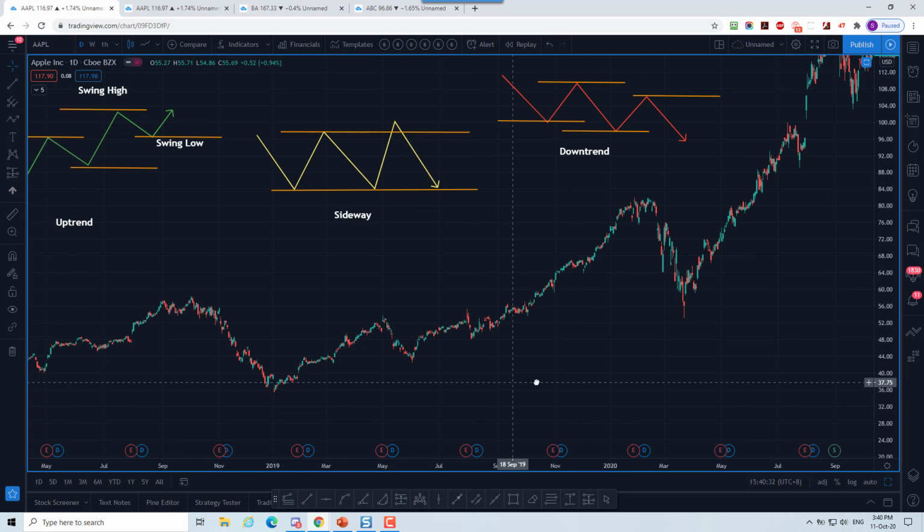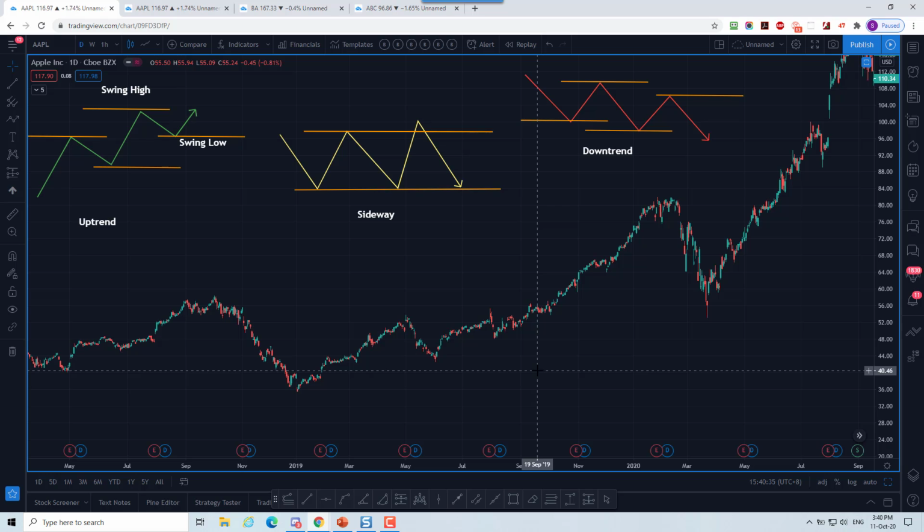All right, so like I mentioned to you, support is a floor area where the price move stops and is reversed quickly. So this would be our low, this would be our low. Okay, so this would be our support, this one would be our support line.